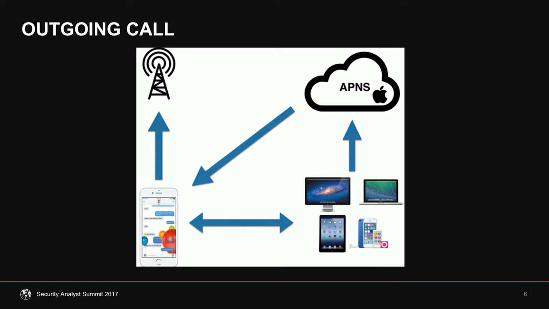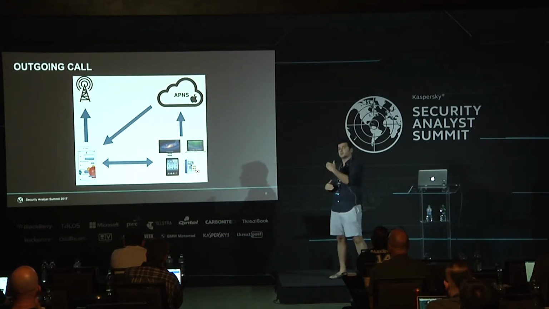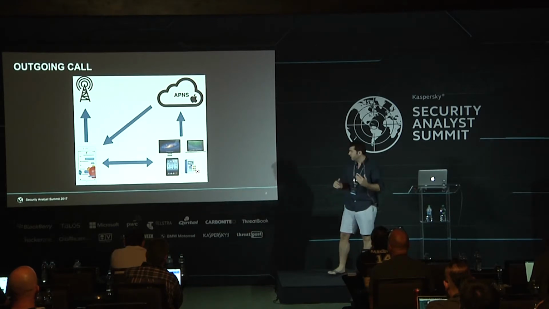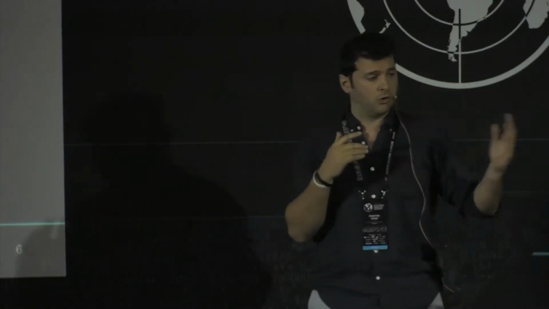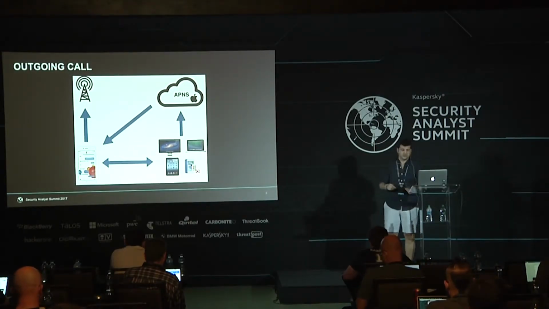Then Apple will send down a push notification to the iPhone saying, hey, a MacBook Pro wants to make a call. Then on the local network, the iPhone will try to locate my MacBook Pro with the internal IP, they exchange some information, and then the call is relayed. So now my audio goes from the MacBook Pro through the local network to the iPhone and out to the tower. Same thing if I receive a call, just the other way around.